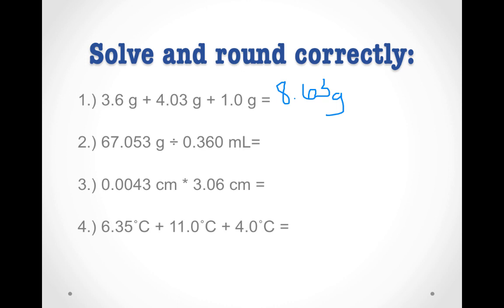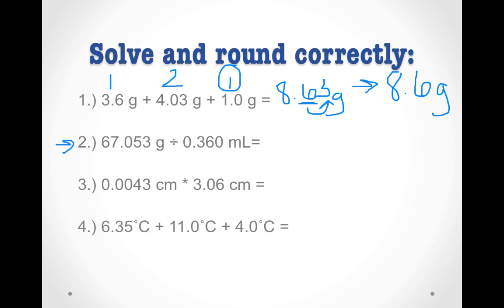So counting decimal places, our first measurement has 1, our second has 2, and our third has 1. Therefore, we want to round to 1 decimal place. The first decimal place is a 6. Look to the right. It's less than 5. We get 8.6 grams.